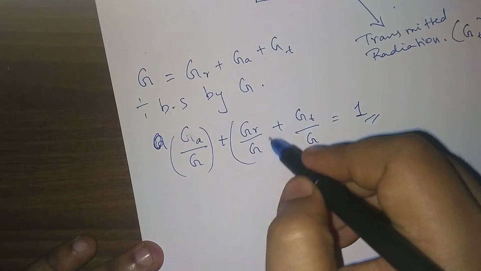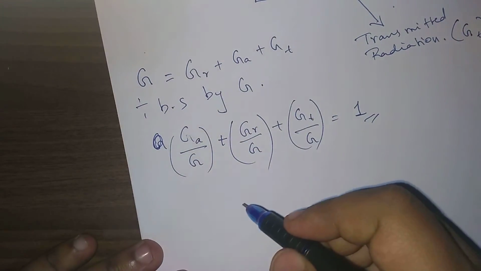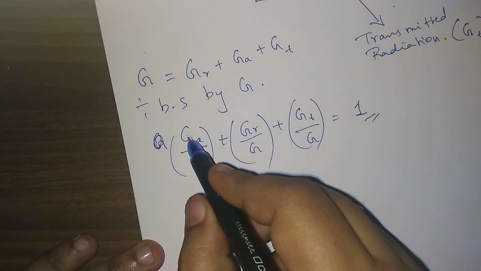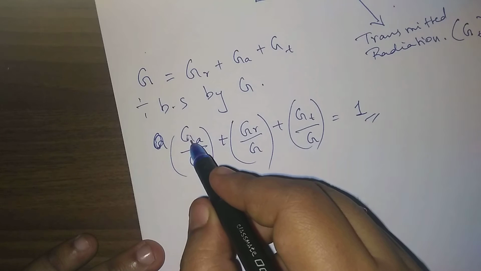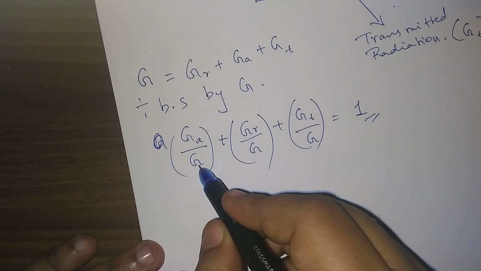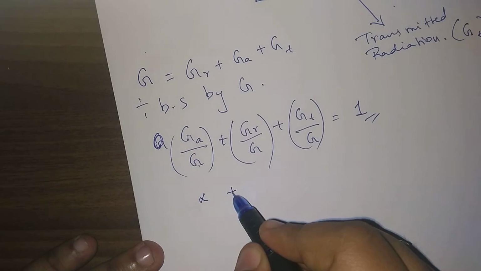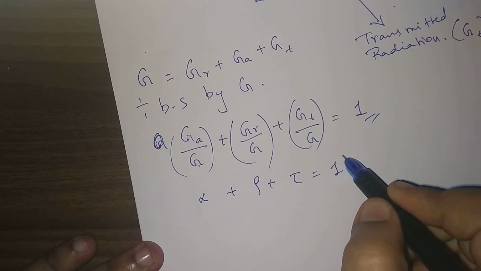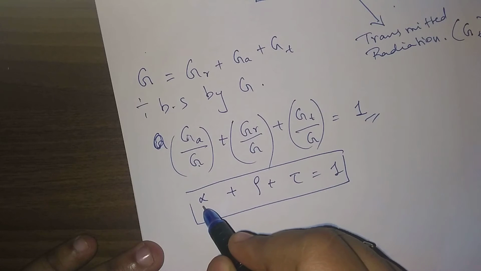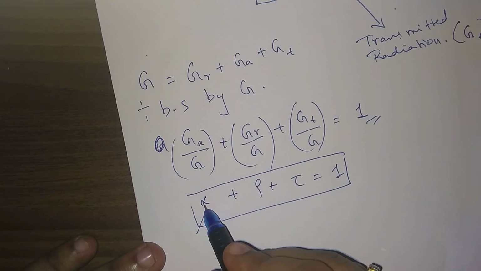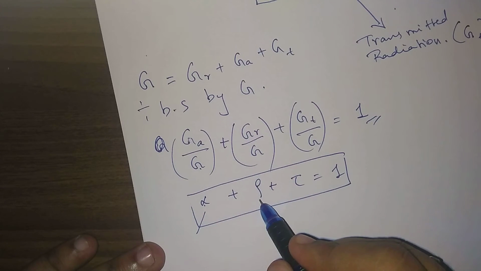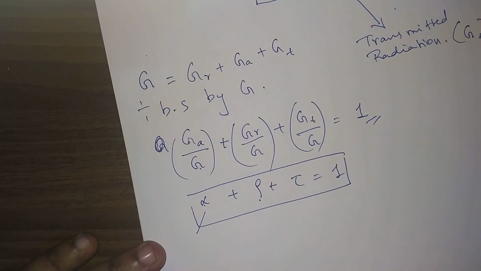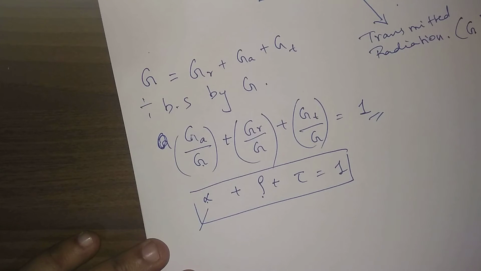Now this has certain terminology associated with it. GA by G, the ratio of the absorbed radiation to the total incident radiation, is what is called alpha. So alpha plus rho plus tau is equal to 1, where alpha is called absorptivity, rho is called reflectivity, and tau is called transmittivity. So this you need to understand.